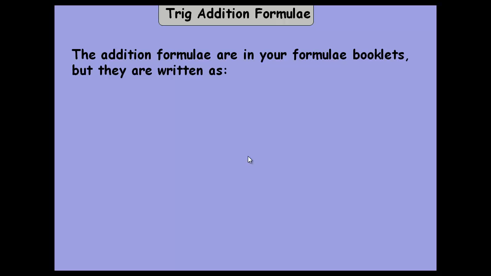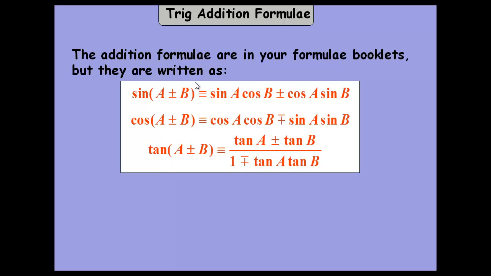These are the formulae we need. I've put a PowerPoint on Moodle so you can see how the formulae are derived, but for now I'm just going to give you what's written in the formula booklet.